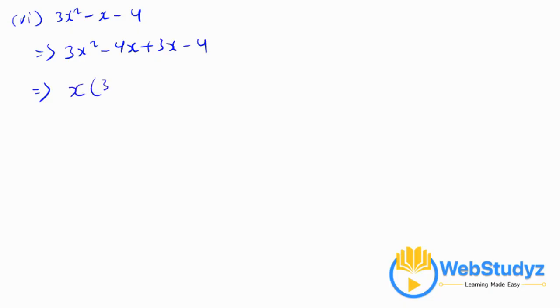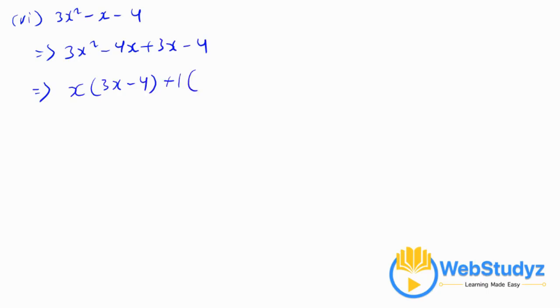Now move on to the sixth one, that is 3x square minus x minus 4. We can write this as 3x square minus 4x plus 3x minus 4, so that we can take common x and inside we get 3x minus 4.